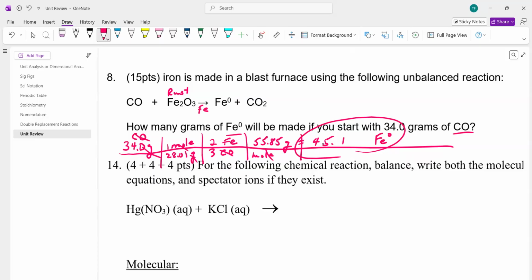And you got 45.195. Okay, I'm going to look at your tests, and if your setup is right and you're off by 1 sig fig in the back, you're fine. Because sometimes when you put in molar mass, it depends on what periodic table you use. Some are off a tiny bit.